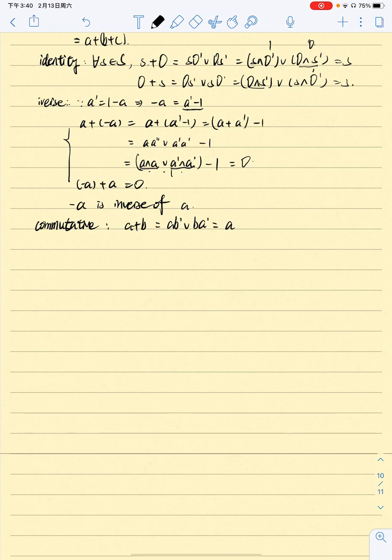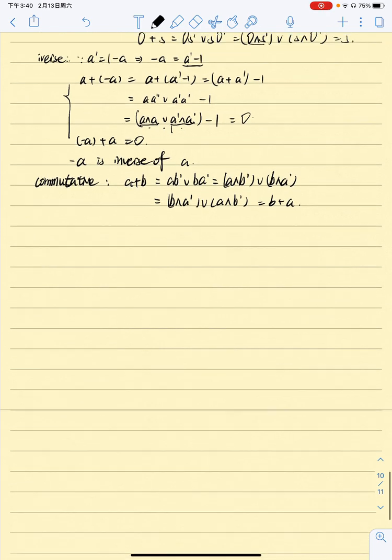This is a and b prime or b and a prime. Okay, let's change the situation. Can be b and a prime or a and b prime. Okay, actually this is b plus a. So the commutative law is true.